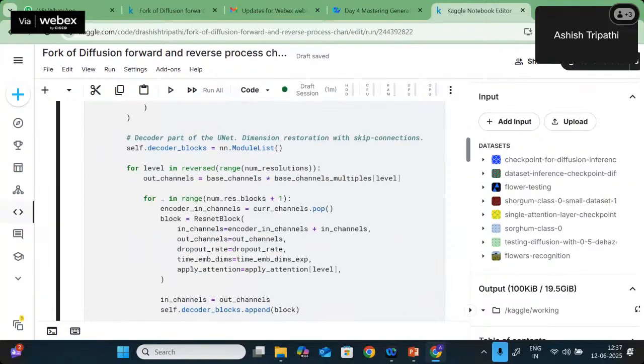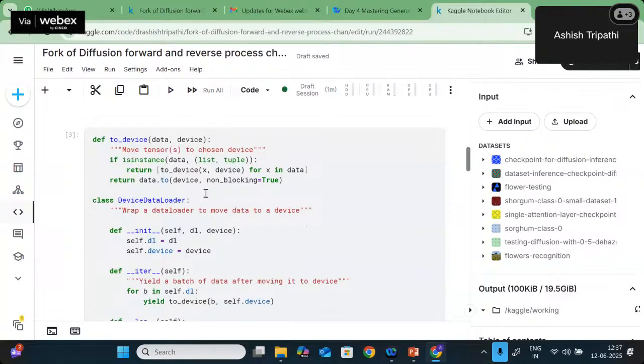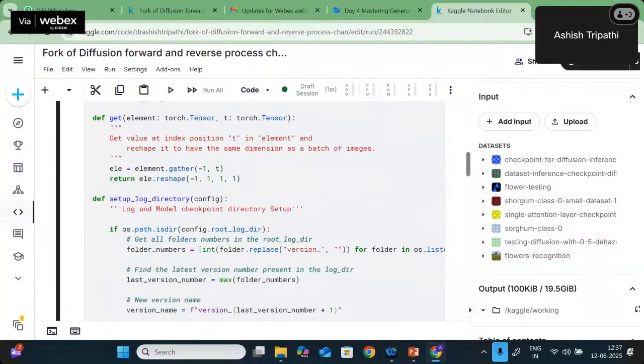So it's up to you which kind of neural network model you want to use for your predictions. These are the steps that you can explore.